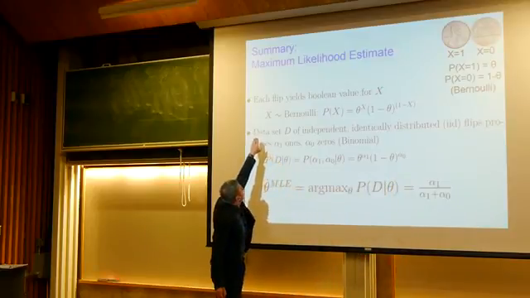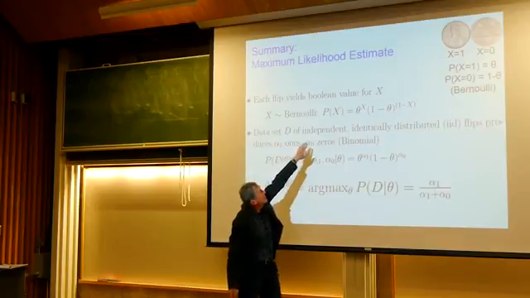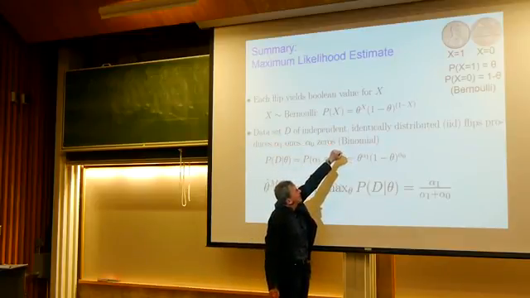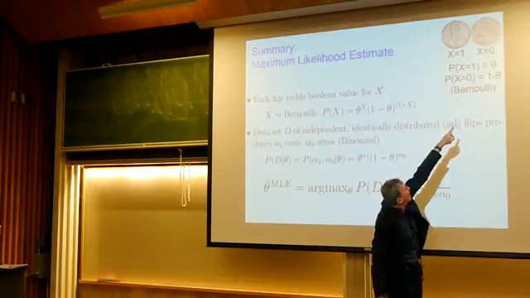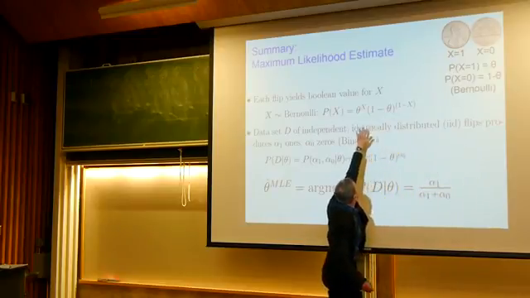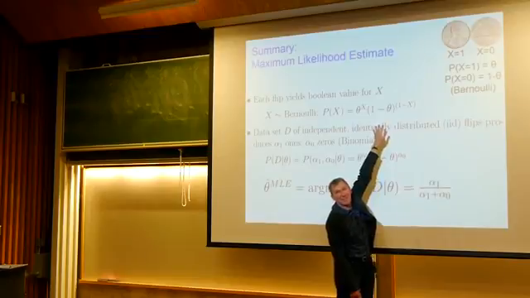Then here we're assuming each flip yields a Boolean value which is independent. Even though I could write it as: if x equals 1, then the probability is theta. If x equals 0, it's 1 minus theta.